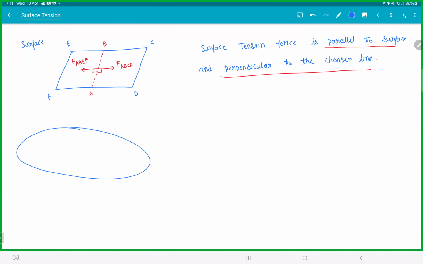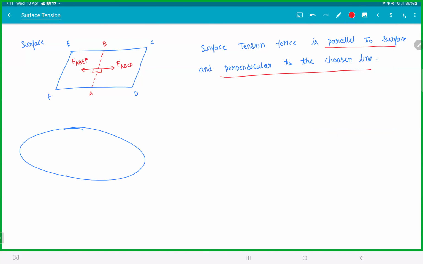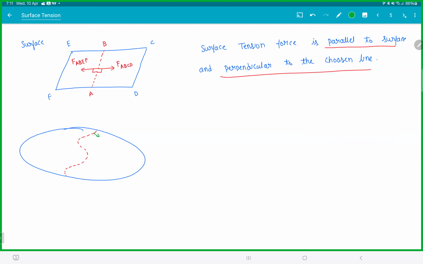Suppose if you have a surface like this, right? And if you have chosen a line like this, a curve, doesn't matter. So on this side, the force would be like this. It's perpendicular to the curve and parallel to the surface.